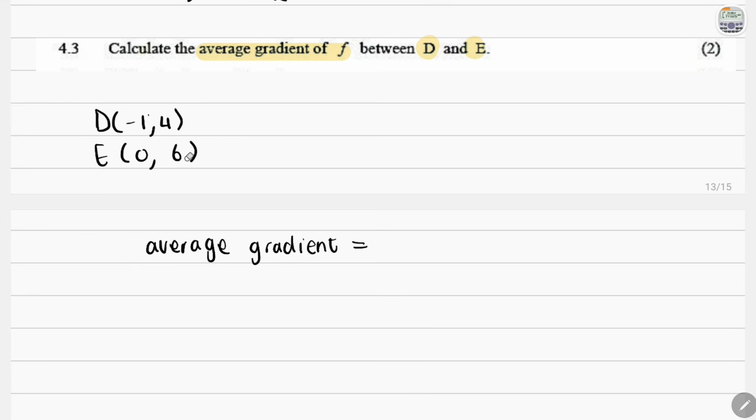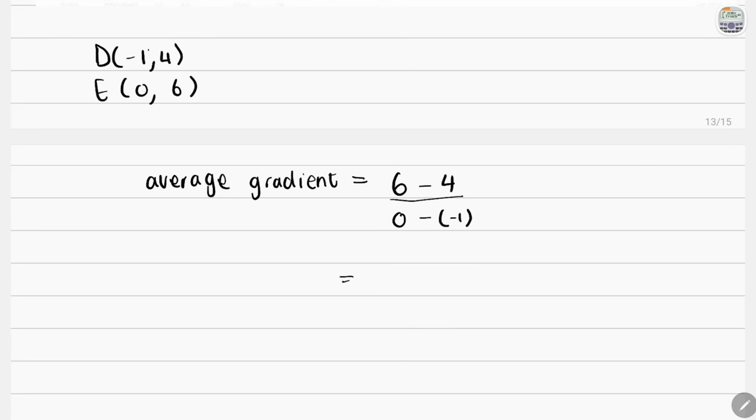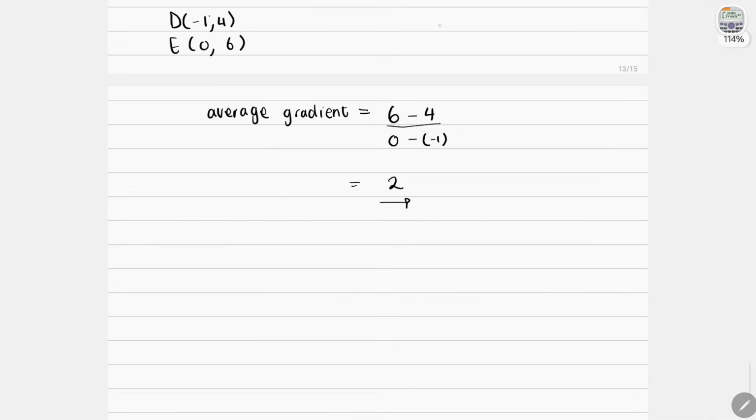The second point we can take as E. So that is 6 minus 4 over 0 minus negative 1. 6 minus 4 is 2, and 0 minus negative 1 is plus 1. So that is 2 over 1, which is just 2, and that is our answer. Moving on to the next question.